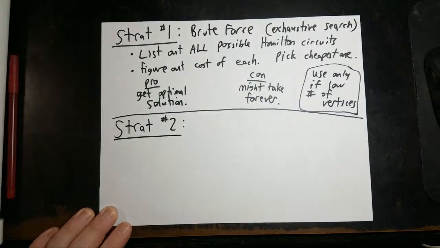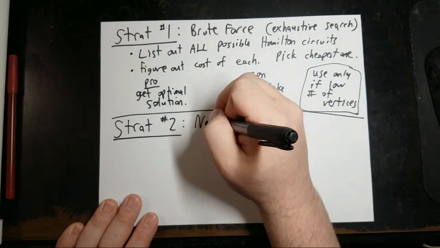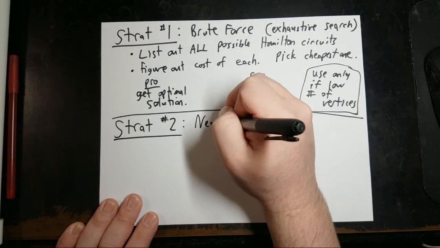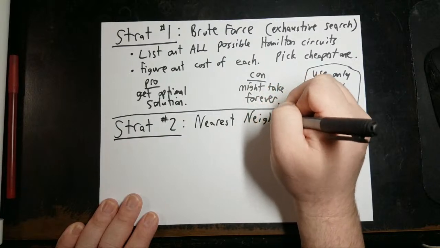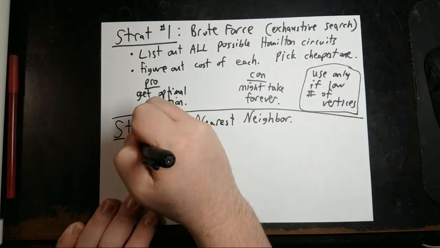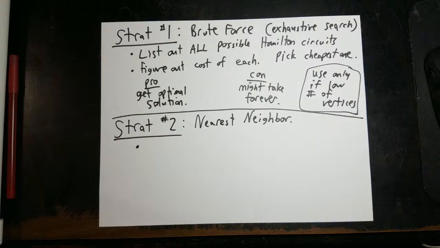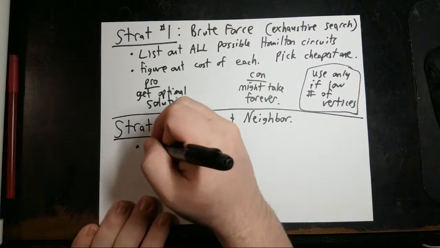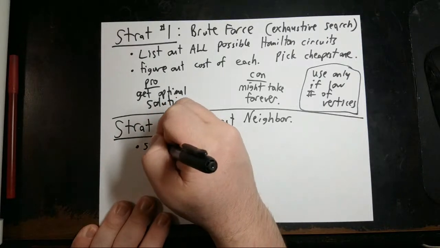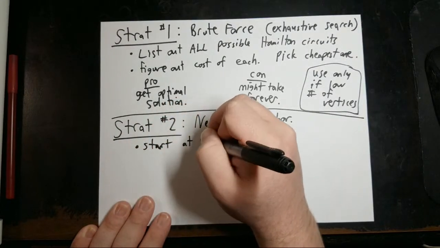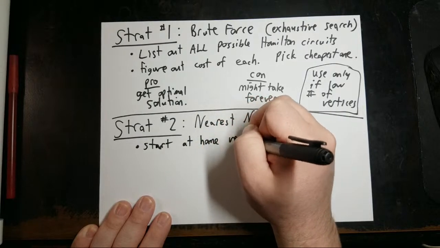Strat number 2. This strat is called nearest neighbor. And I'm actually going to walk you through this using our little map from earlier. So you start at the home vertex.